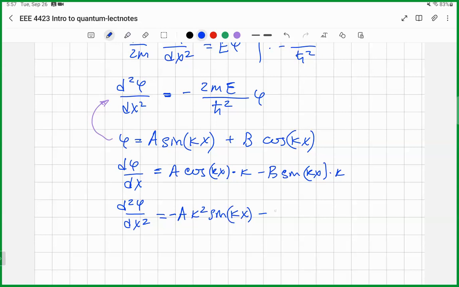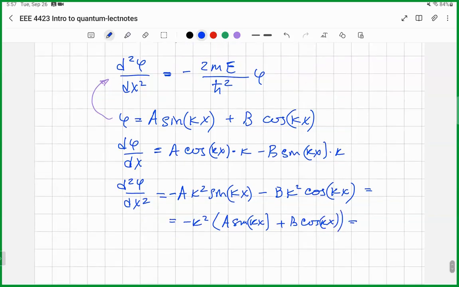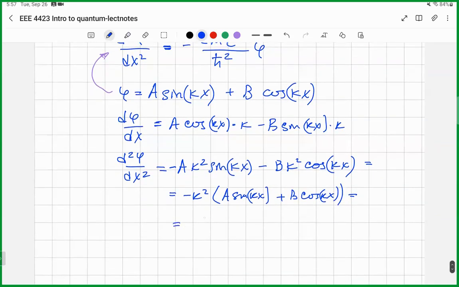minus b k squared cosine kx, or taking minus k squared out from parentheses, I get a sine kx plus b cosine kx, which is perfectly equal to the initial ansatz.